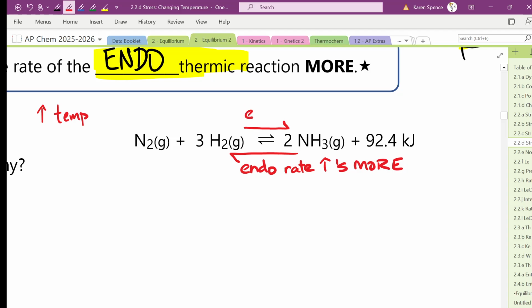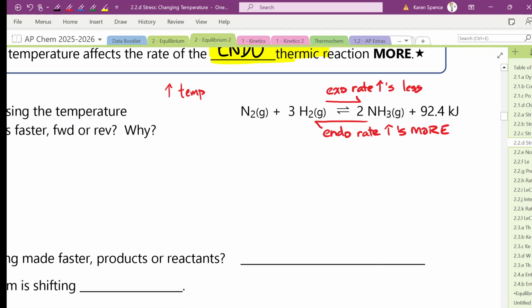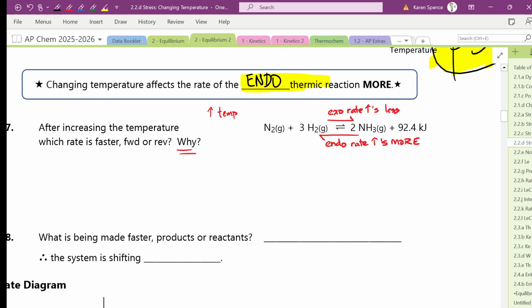And the exothermic rate also increases, but the rate increases less. And the why is explained there. So that means that the reverse rate is faster.